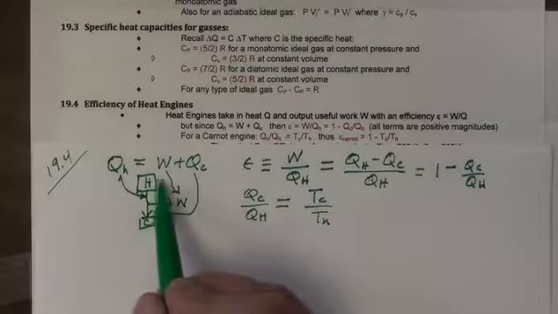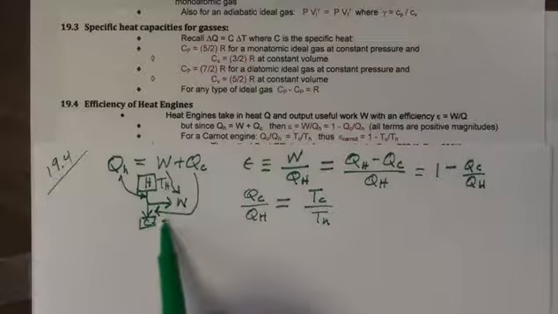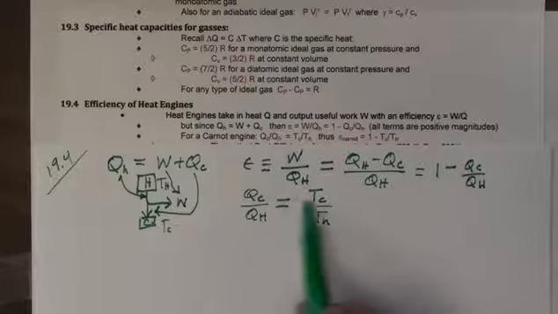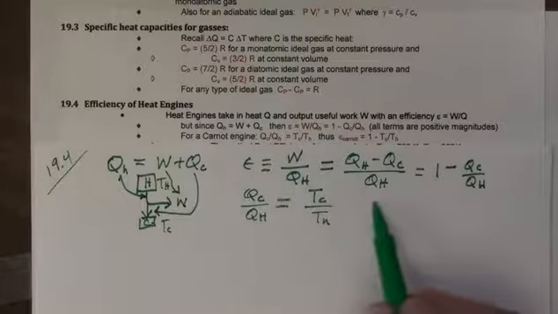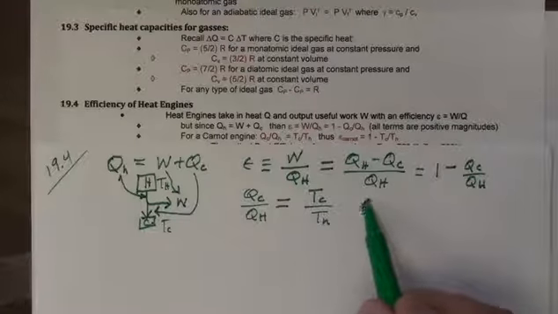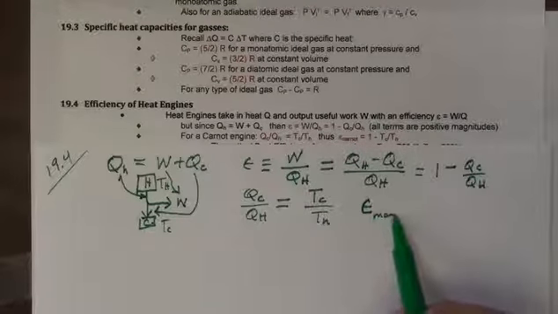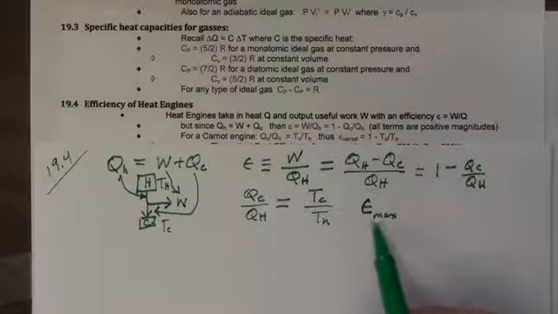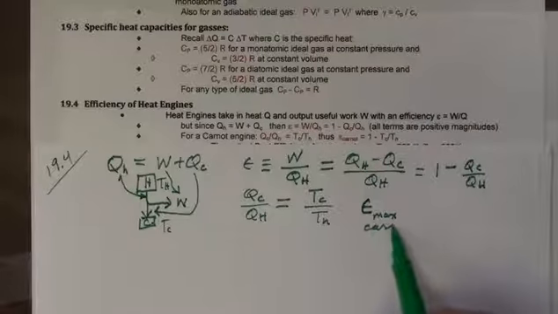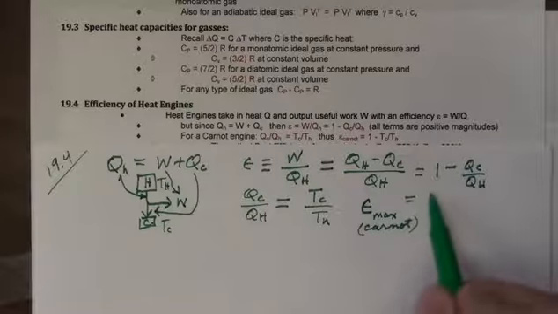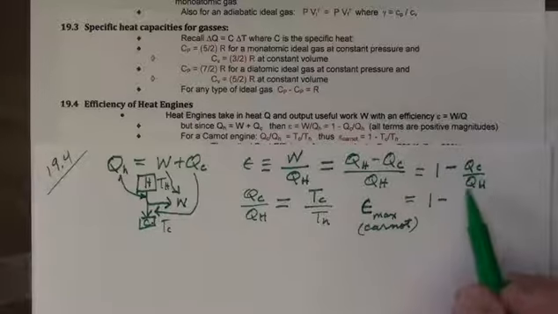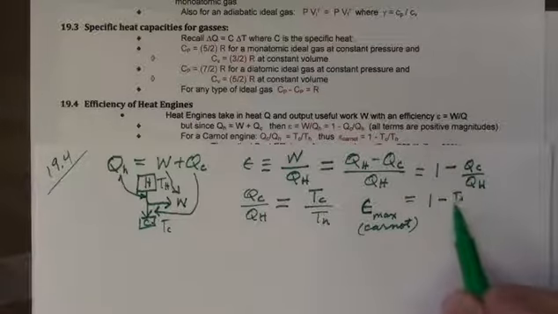Remember, this is at a temperature hot, this is at a temperature cold, that this ratio will obtain. Therefore, we can write the maximum efficiency we could possibly have for a Carnot engine, and it's going to be 1 minus T cold over T hot.